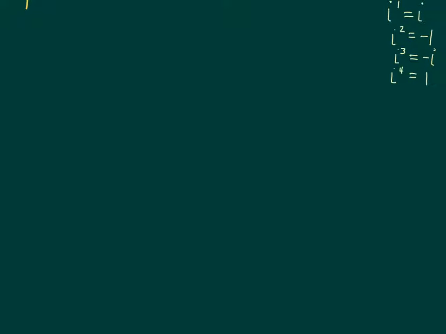Okay, let's try 2 more problems, and hopefully this will clear things up a little bit. So we're going to do i to the 27th. Okay, so i to the 27th, that's an odd number. Therefore, the exponent is odd, so we know we're going to have i in our answer. So let's simplify this to be i to the 26th times i. Now, because it's an even exponent, it's either going to be a positive 1 or a negative 1.